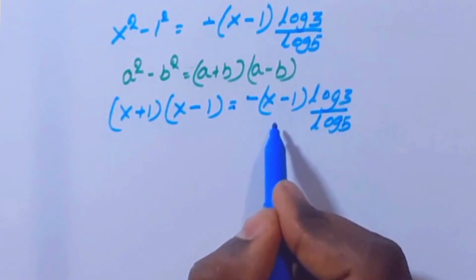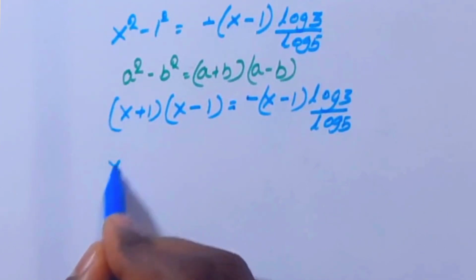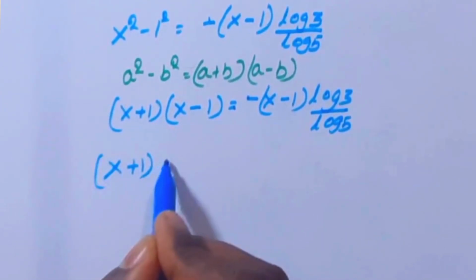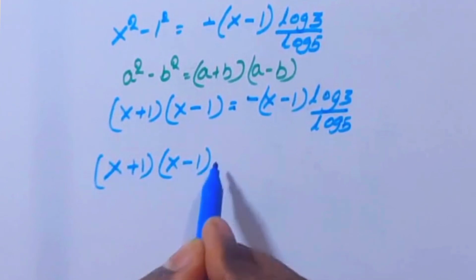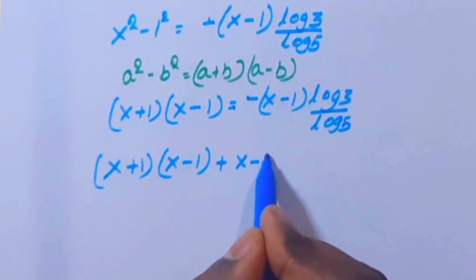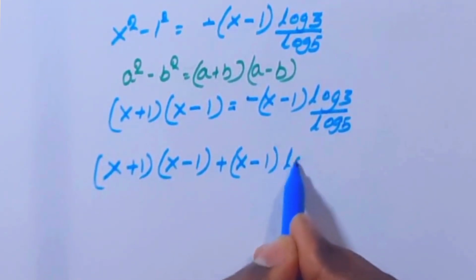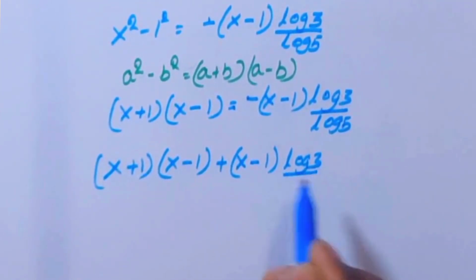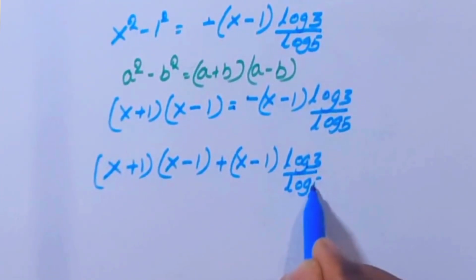We are going to take this to the left hand side. So x plus 1 times x minus 1 plus x minus 1 log 3 by log 5.